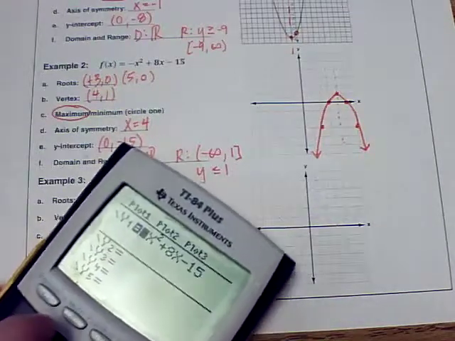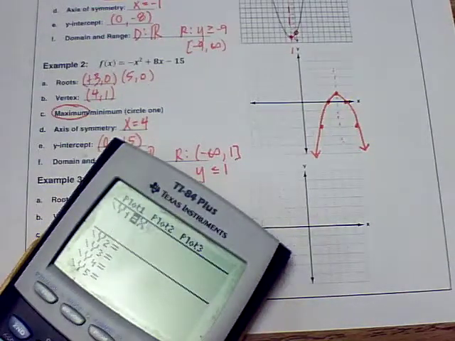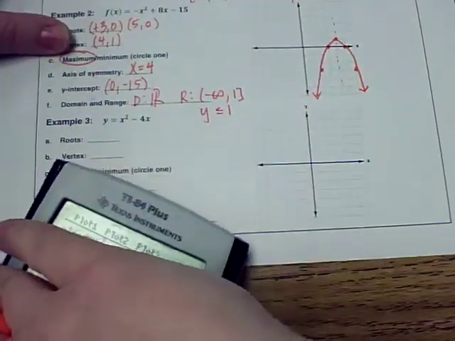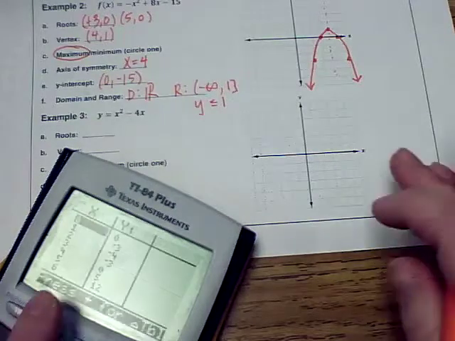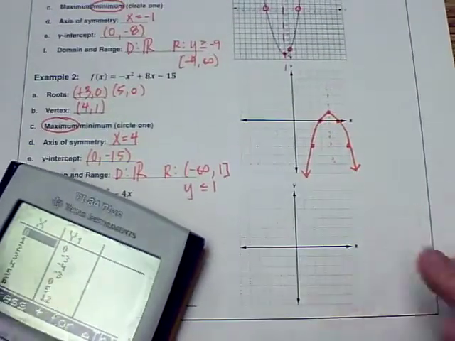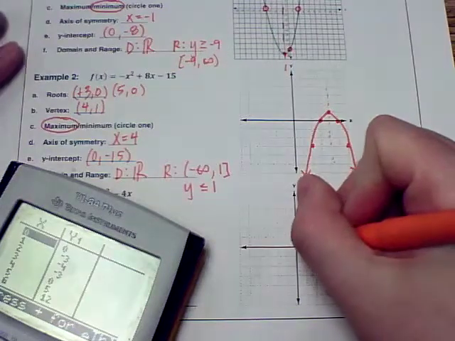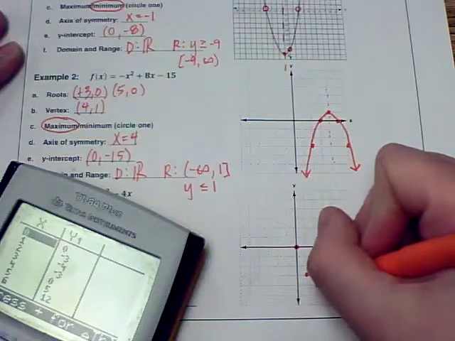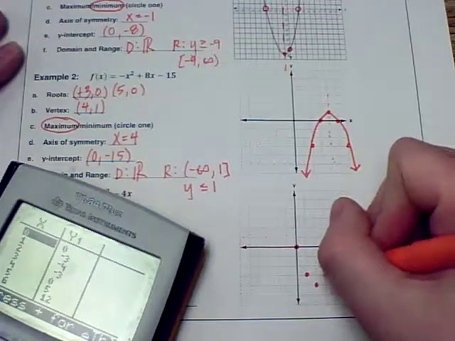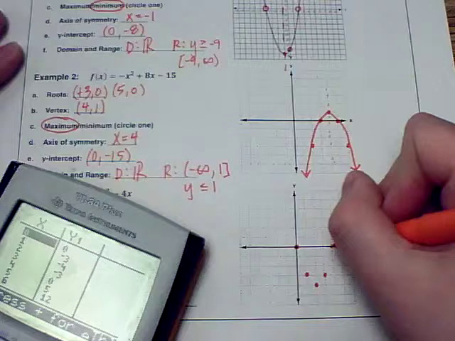All right, so hopefully you plugged it in your calculator. x², let's see, what is it? -4x. Went to the table and have 0, 0, 1, -3, 2, -4, 3, -3, 4, 0.